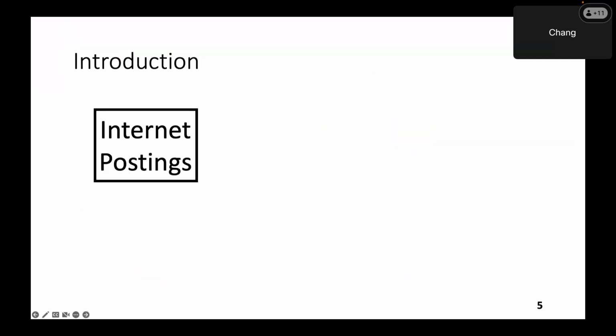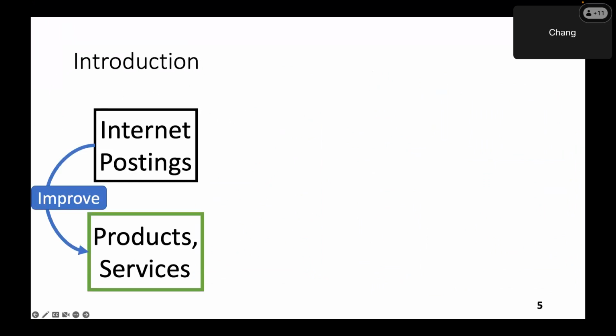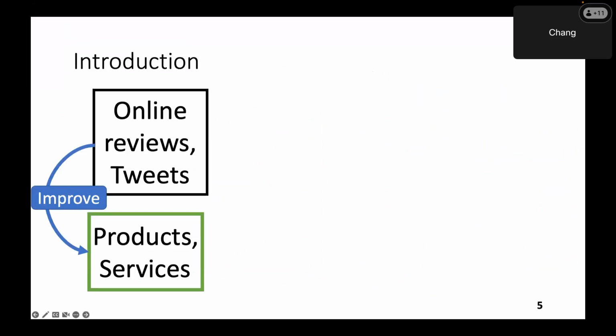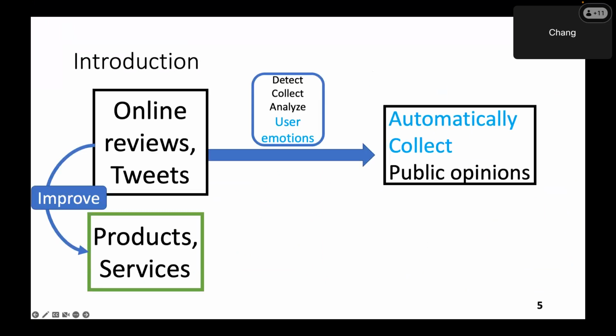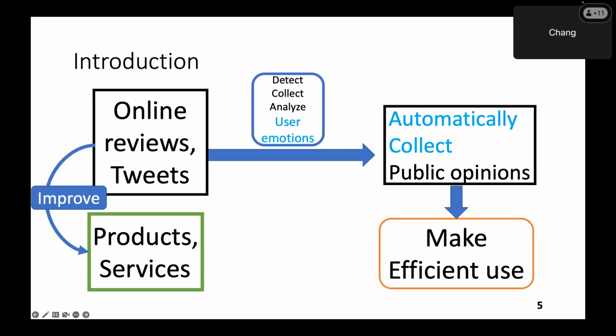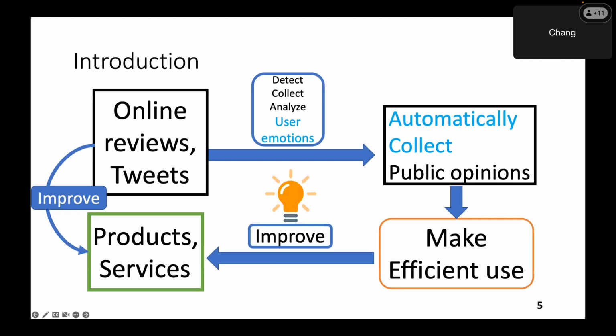So we can use these postings to improve those products and services. For example, with online reviews or tweets, if we detect, collect, and analyze user emotions and other information contained in them, it will be possible to automatically collect public opinions and to make efficient use of the information to improve those products and services.